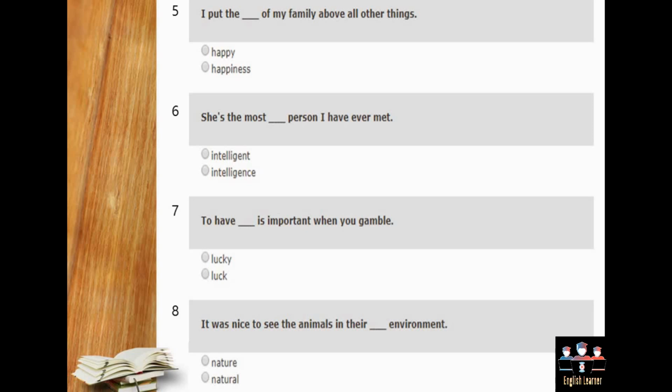Number 7. To have dash is important when you gamble. Option 1, lucky. Option 2, luck. Number 8. It was nice to see the animals in their dash environment. Option 1, nature. Option 2, natural.